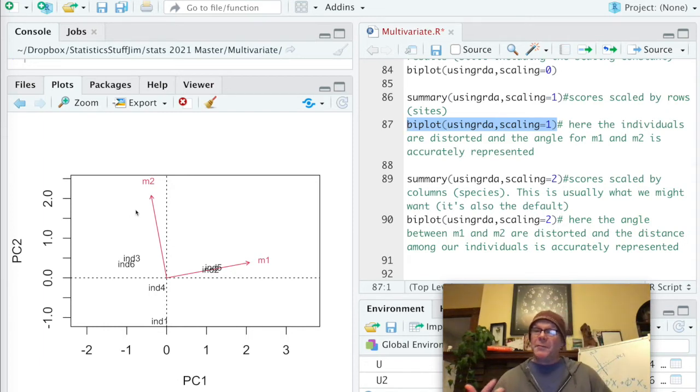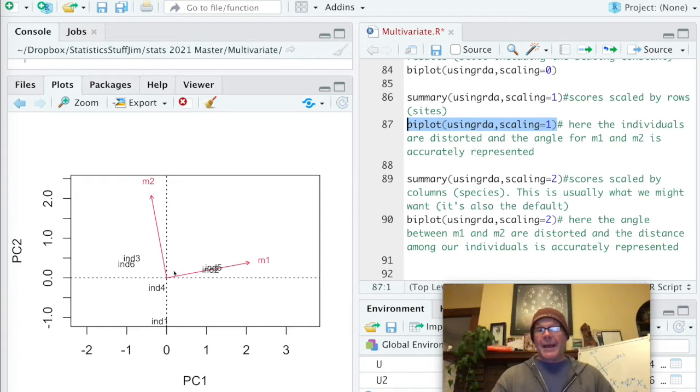And the reason why you might want to do this type of scaling is that you can trust the angle between these two rays. And when we get to more complex data sets, you'll start to see why that might or might not come in handy. Again, we only have 2 covariates here, so everything is just so simplified, it really doesn't matter all that much.